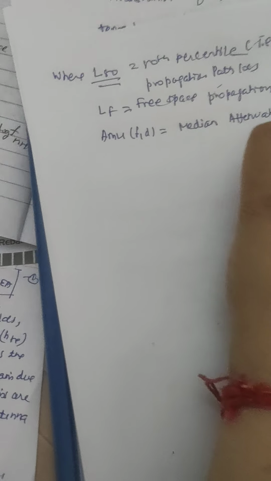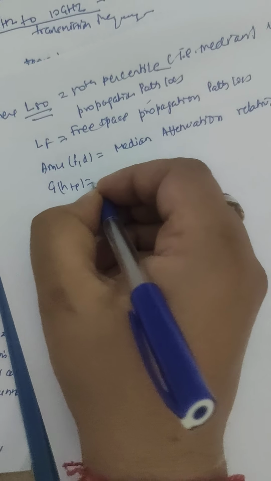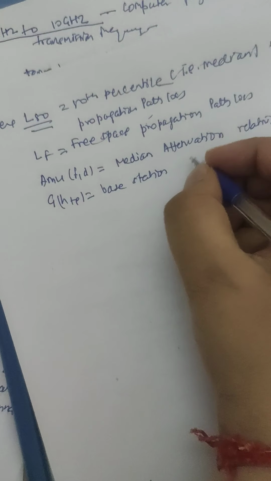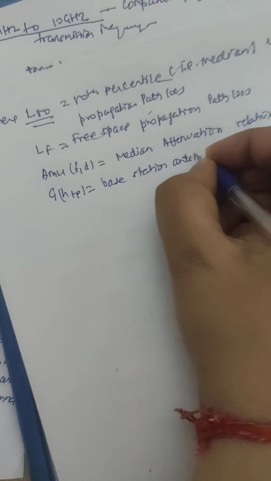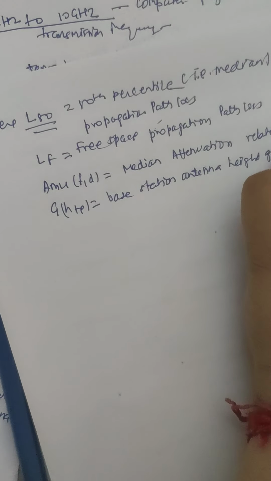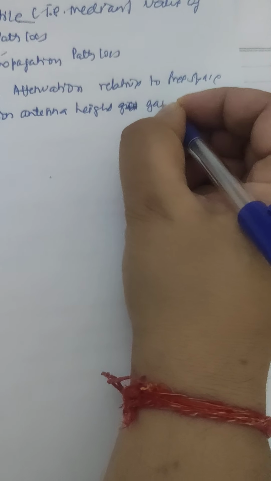attenuation relative to free space, and G of HTE is the base station antenna height gain factor.